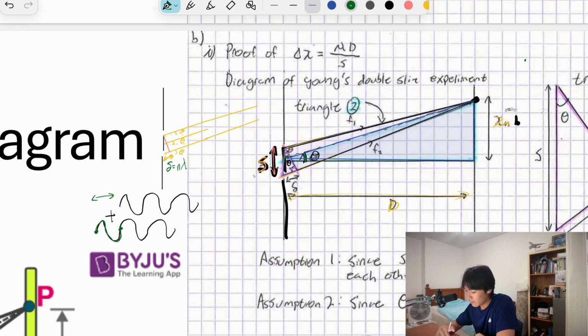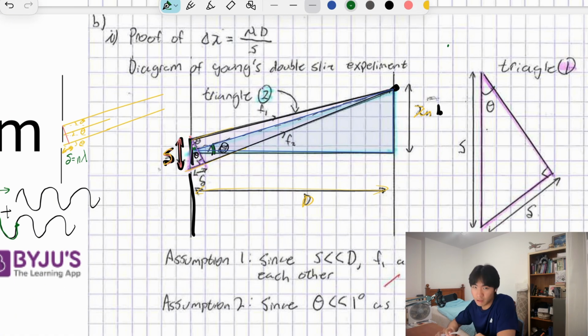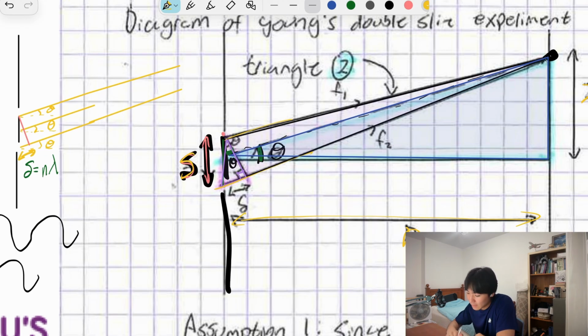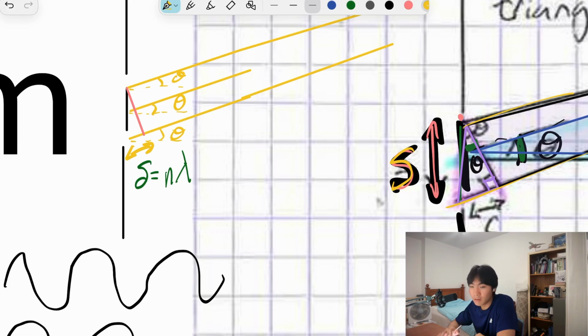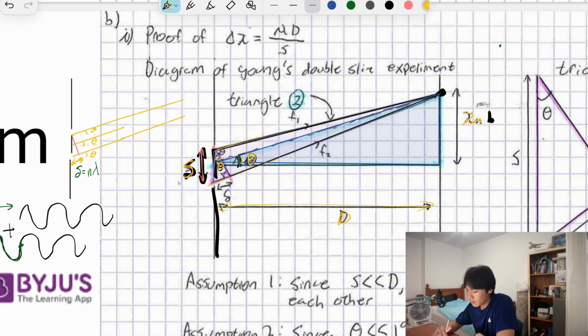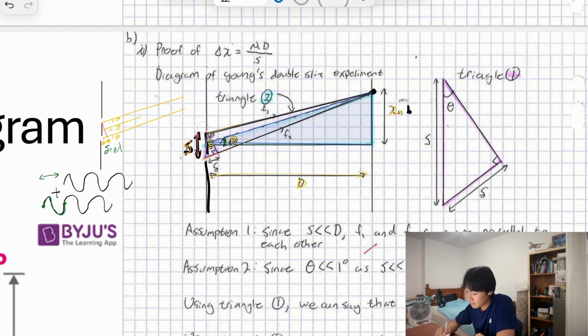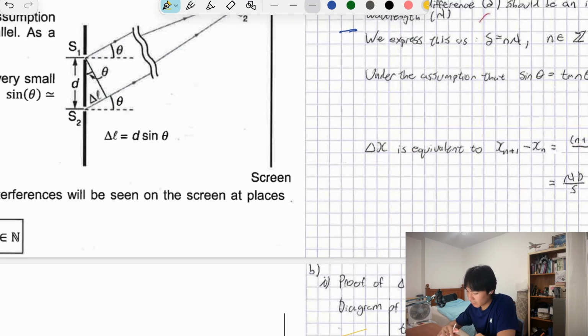But in order to understand why the blue triangle and the purple triangle are equal, it requires you to understand that if you zoom in enough, these angles look very similar, and you can assume that they're very similar. One of the consequences of this assumption is that the theta here and here is the same. This is going to be your basic diagram. You can memorize the exact one I drew, or you can draw perhaps the diagram here.